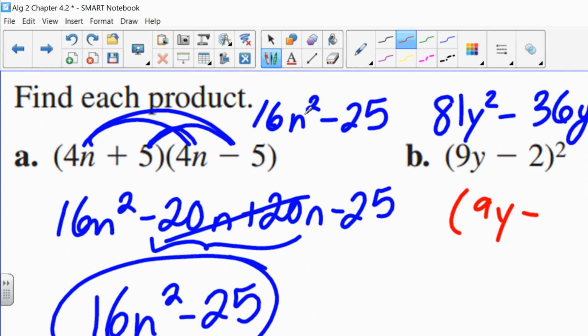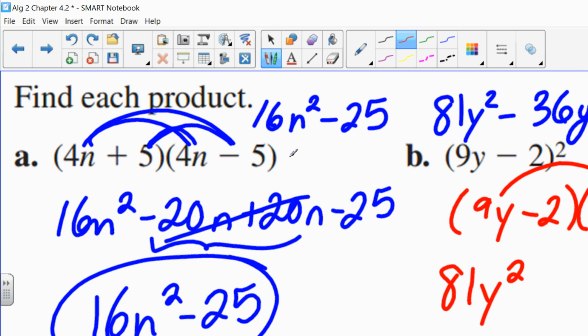Now let's go on and actually work this out, multiply it out. Because really we're saying 9y minus 2 times 9y minus 2 is multiplying by itself. Well, 9y times 9y would be 81y squared. 9y times negative 2 is negative 18y. Negative 2 times 9y is negative 18y.